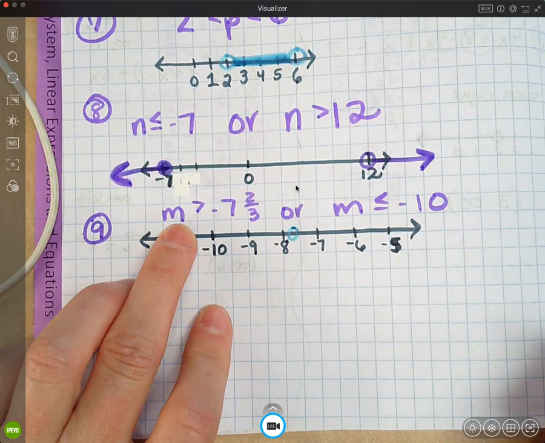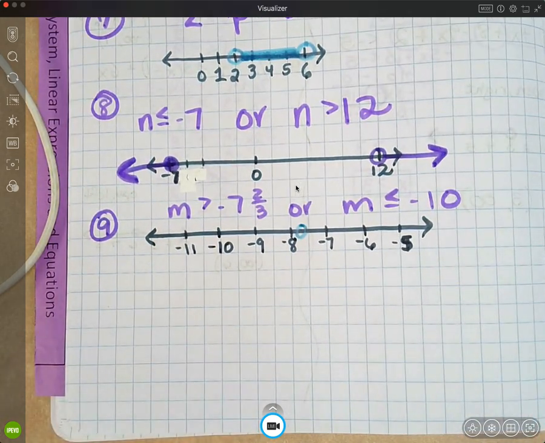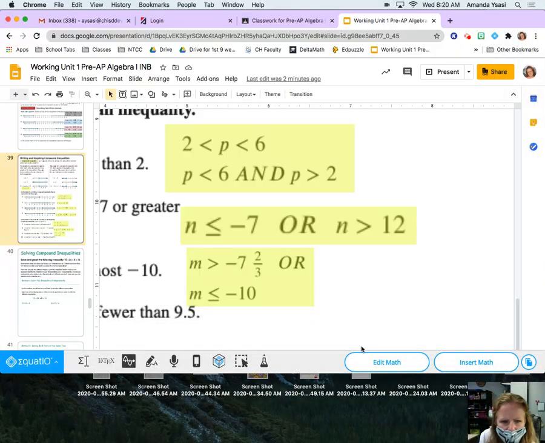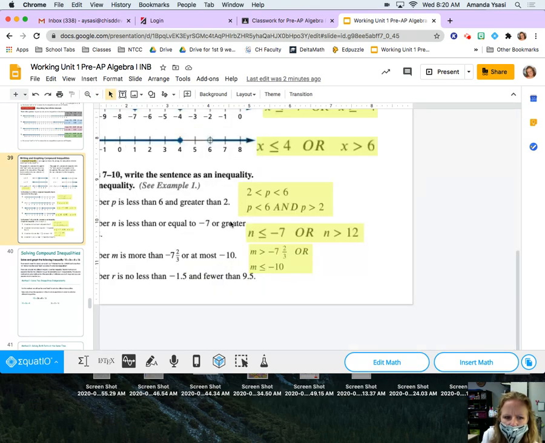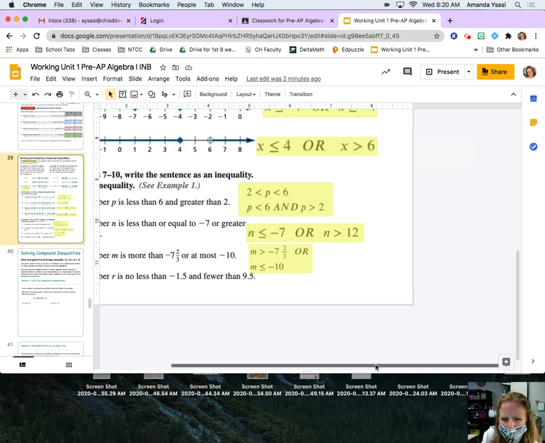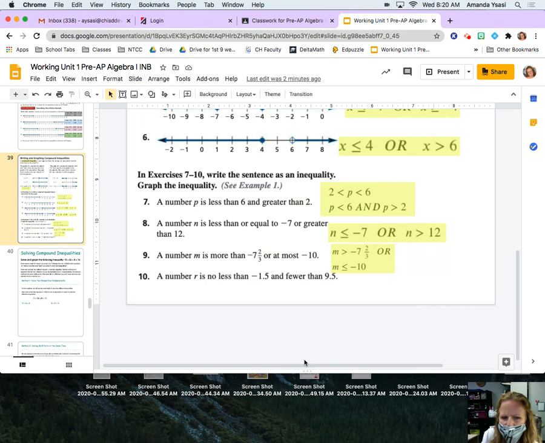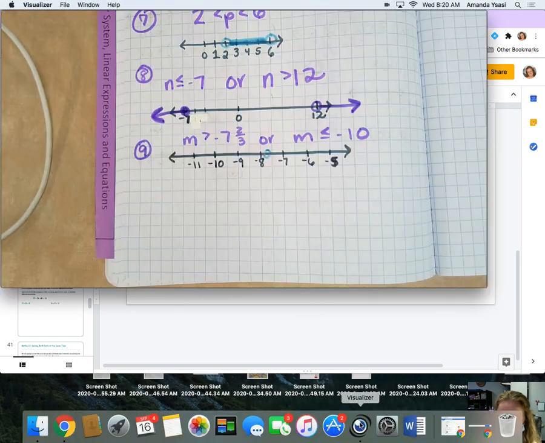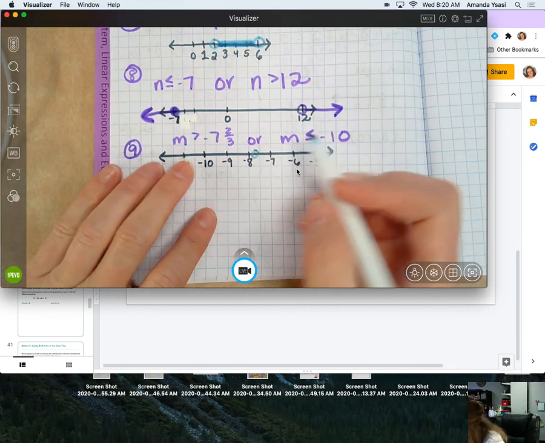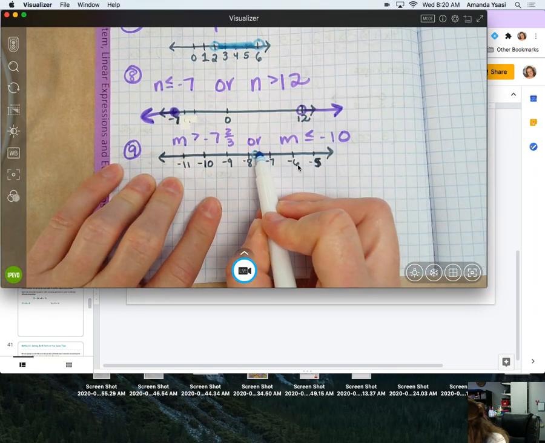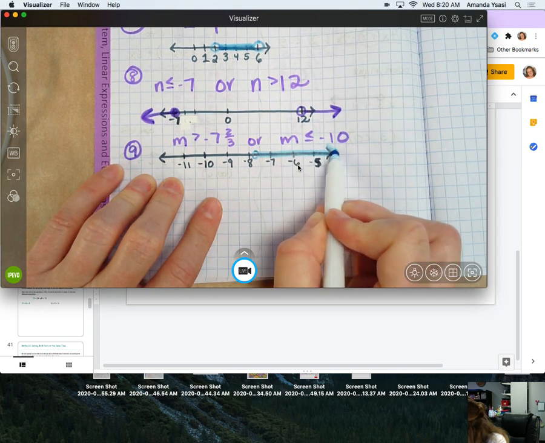Let's make sure. It is more than, so it's not equal to. It's just more than. So it is open like we have. And so it's going to go right if it's more than.